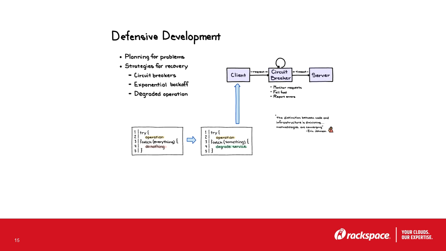One of the things that we want to do is plan for problems, and have code in place to deal with those if they do come up. And of the common strategies, I want to cover one design pattern here today, the circuit breaker design pattern.